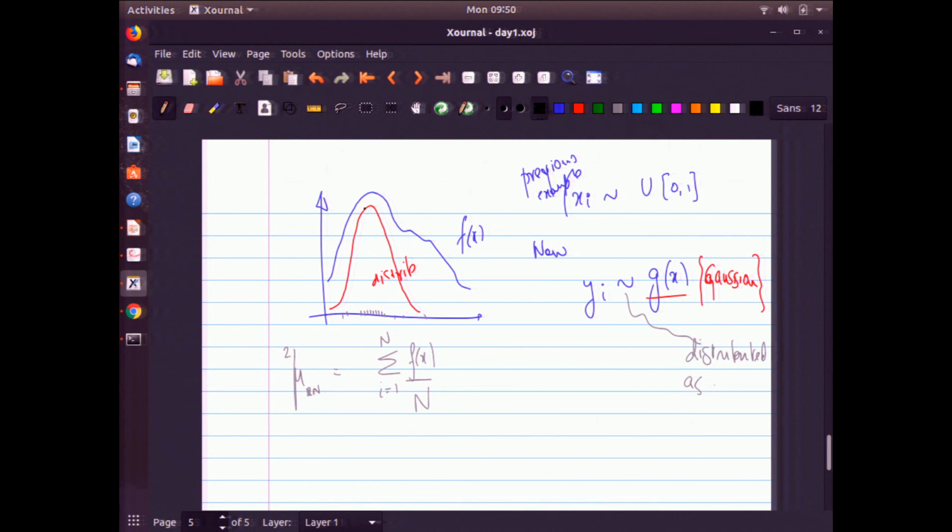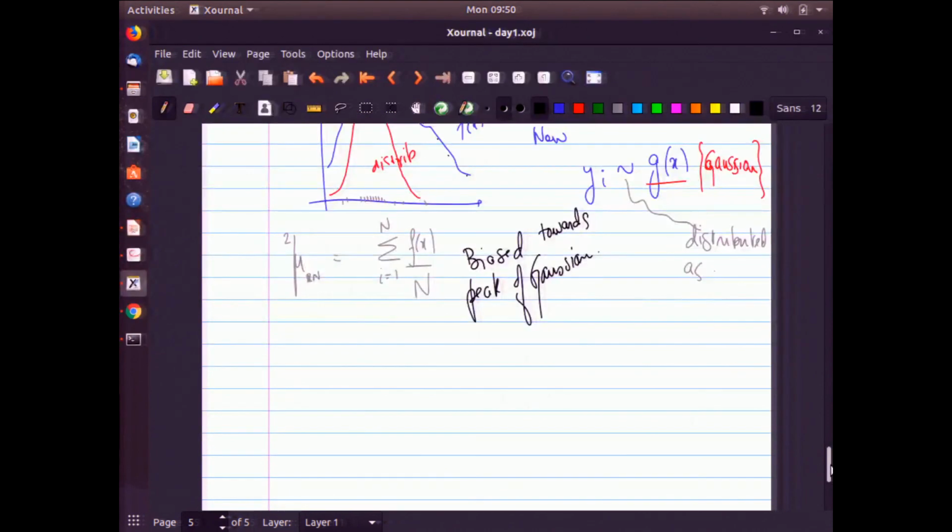So all our values of the function are going to be here, mostly. What that means is if we average this, we're not going to sample this part of the function space at all, or maybe very little, which means our answer is going to be biased towards this. And we are no longer going to get the answer that we expect.